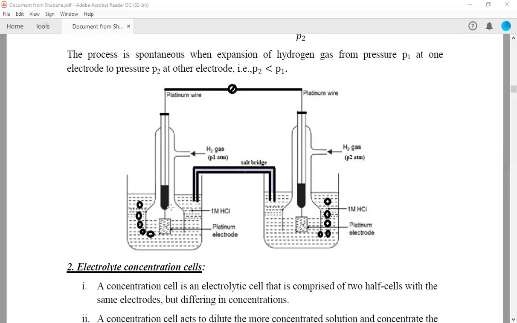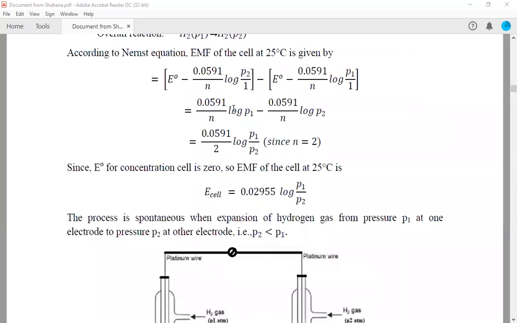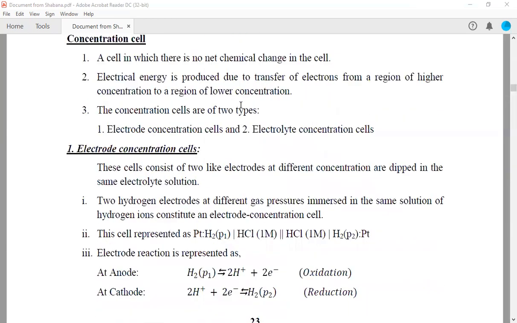HCl solution will be taken at 1 molar concentration. And this platinum wire is connected to the electric circuit. This is about the construction.